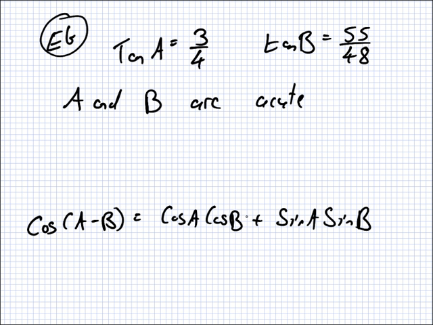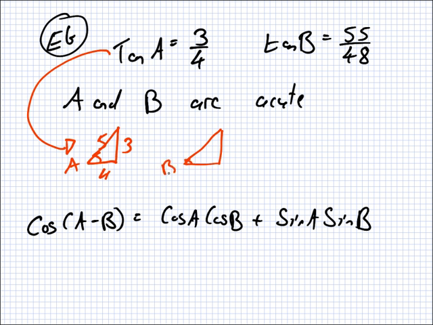Do we need to get the inverse? Well, you can just draw a triangle. So this is for A, and this one here is for B. What is cos A, cos B, sine A, sine B?